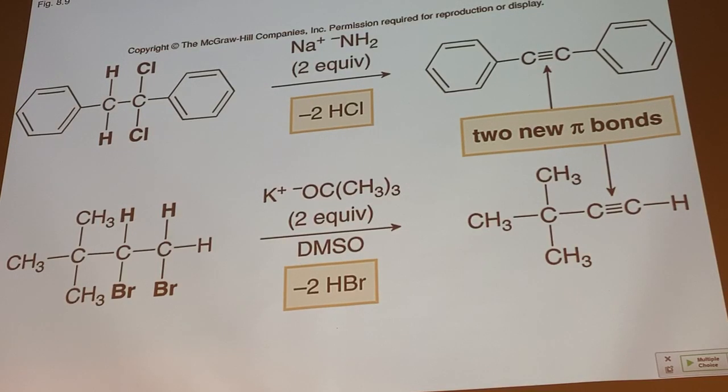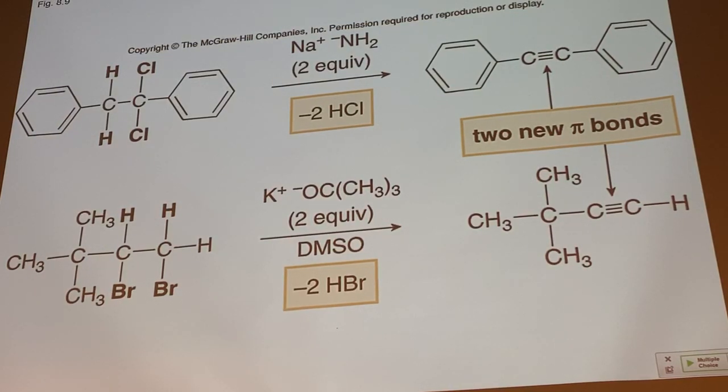Okay? Questions about double dehydrohalogenations? Okay, so they're effective at making alkynes, and alkynes are very useful compounds. We'll talk about their uses later on in the semester.